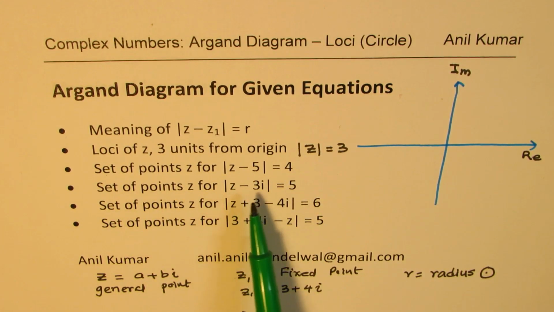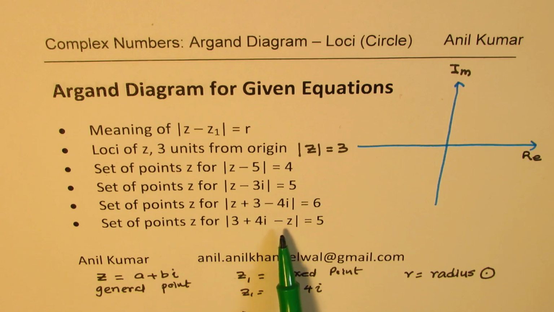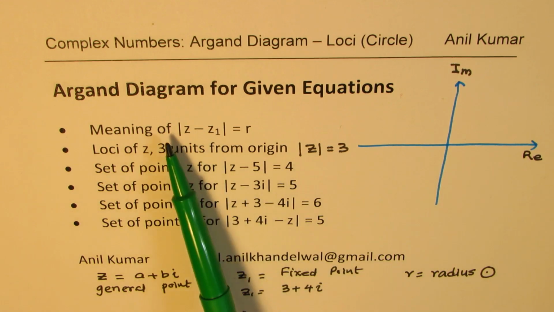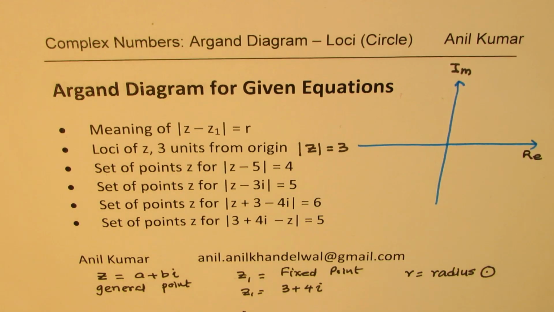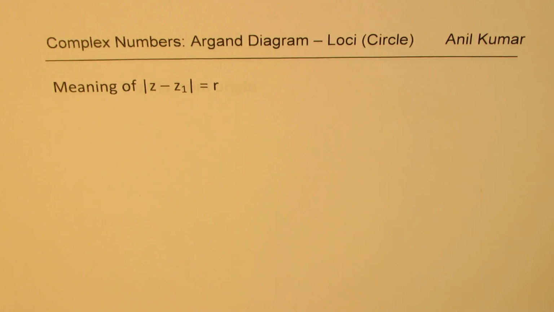And then we have z minus 3i equals 5, and z plus 3 minus 4i equals 6. And then we have taken z with a negative sign just to complicate it a bit, but it doesn't really matter much. Anyway, let's begin with the meaning of the absolute value of z minus z1 equals r, and then we'll look into the rest of the questions.